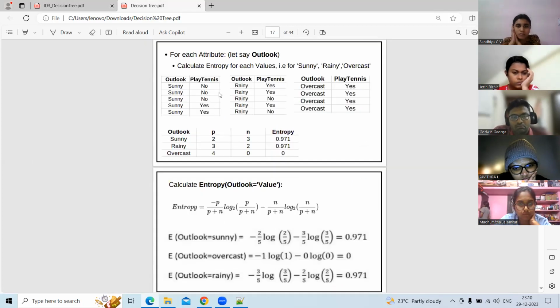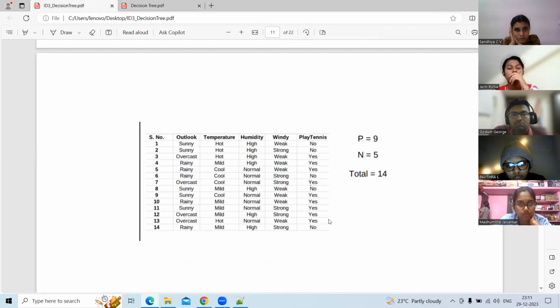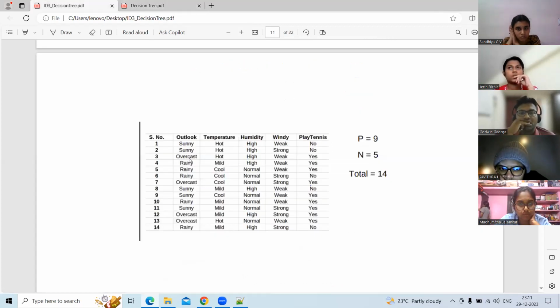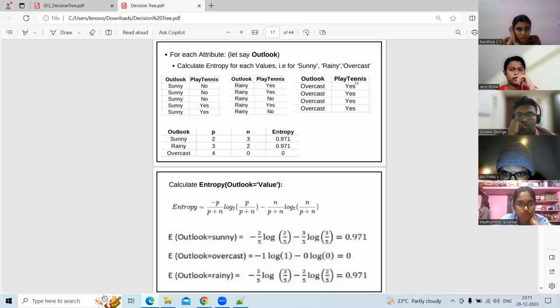For each value, we will find out whether a person will play tennis or not, based on the given data. We captured the information here. Whenever the outlook is overcast, it is always yes. So that is also mentioned here. Based on these values, we will try to find the entropy.